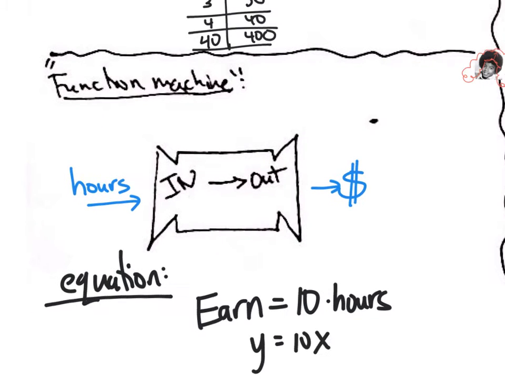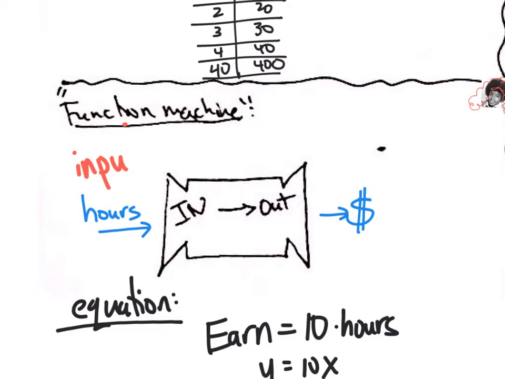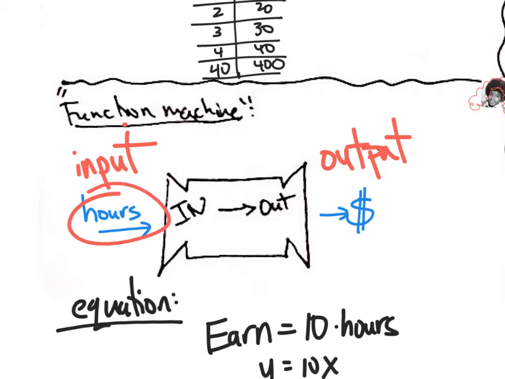And then sometimes we talk about a function machine. This can be helpful sometimes where you think of the function as you put something in and you get something out. So we have an input and we have an output. For this function, you put in some number of hours and you get out some number of dollars.